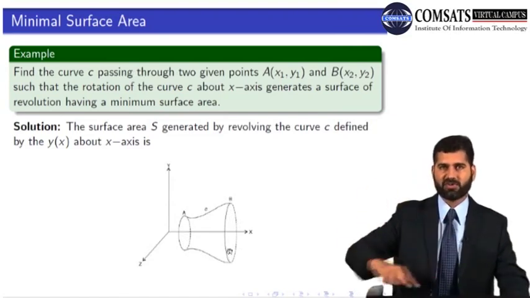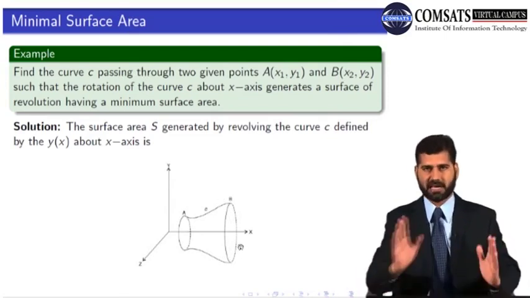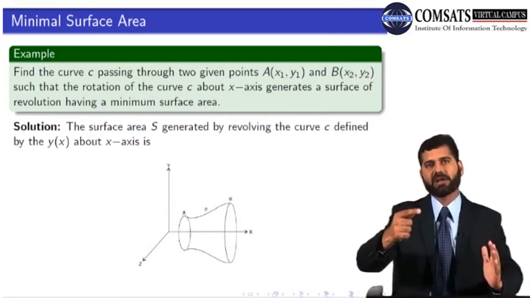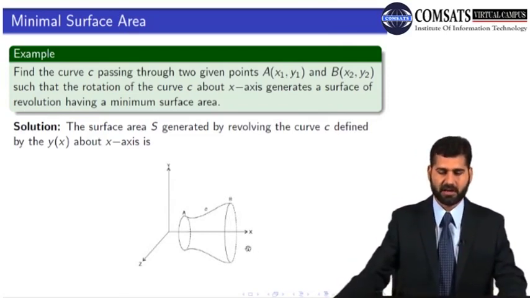And of course it generates a total area. This is a circle. It looks like an ellipse from the side, but every point on the curve generates a circle. You are familiar with the surface of revolution.